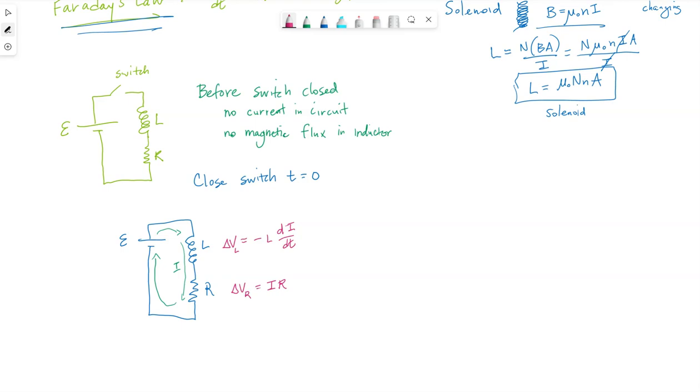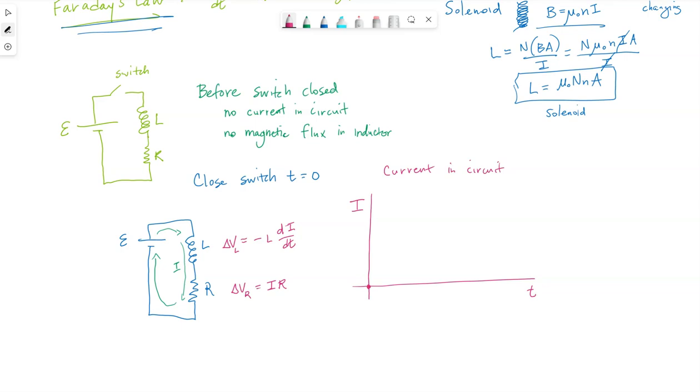Ultimately, the role of the inductor is to limit how quickly the current in the circuit will reach a final maximum value. What we end up seeing, this graph represents the overall current in the circuit.